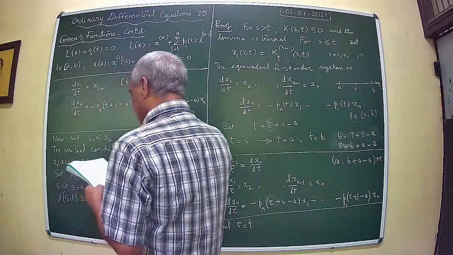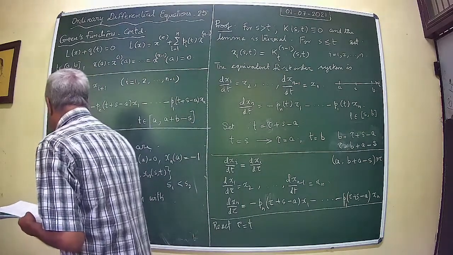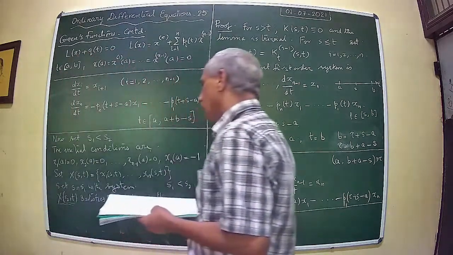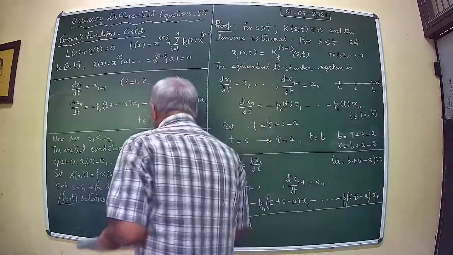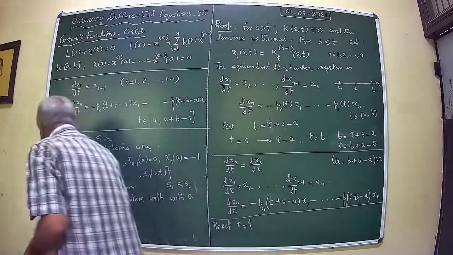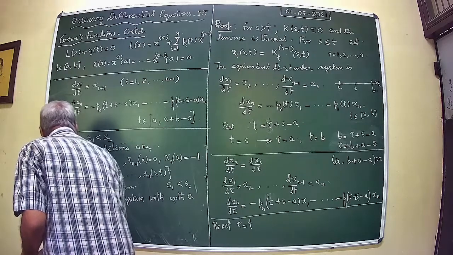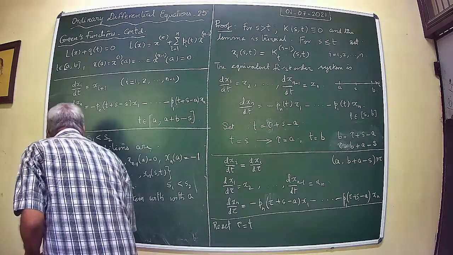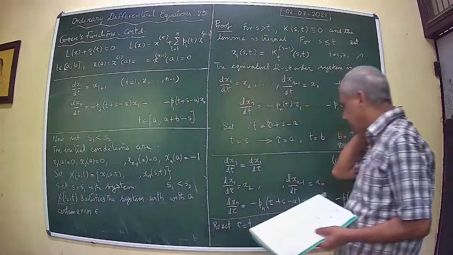Then what happens? So this particular solution corresponding to S2, parameterized with S equal to S2, satisfies the system with a certain epsilon. Why is it so?